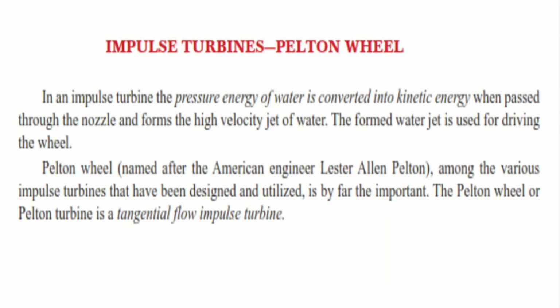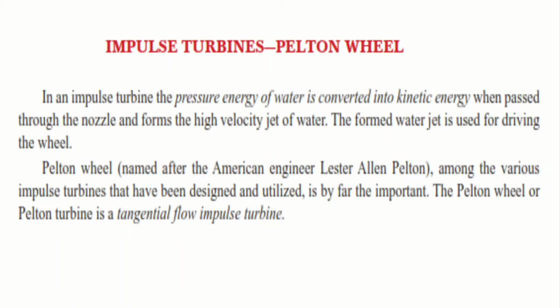An impulse turbine is a turbine which converts pressure energy of water into kinetic energy. Here the main principle is that the whole pressure energy of the water gets converted into kinetic energy before striking the turbine blades.